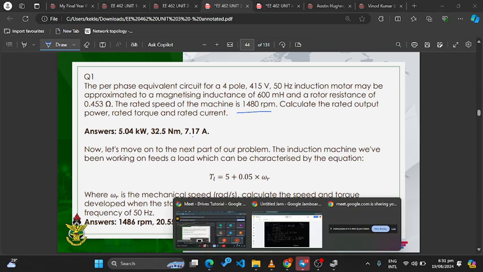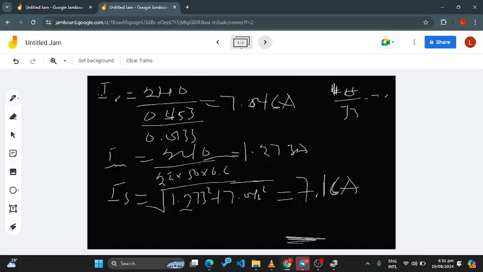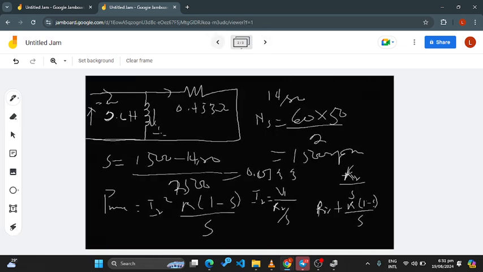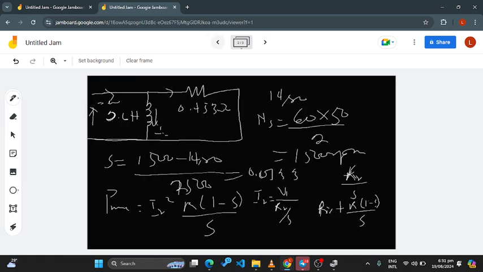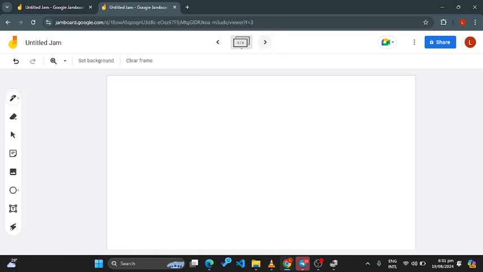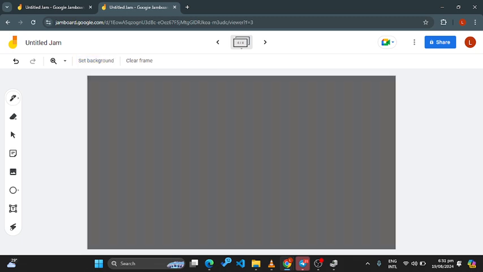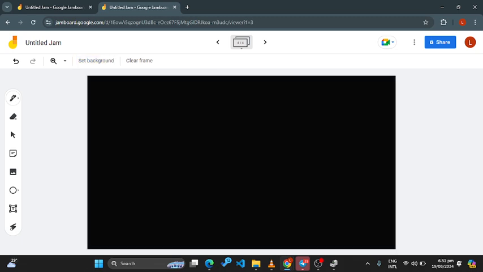So the next one is to find out the power. So to get the power, now we know IR to be this. We've already written this one.